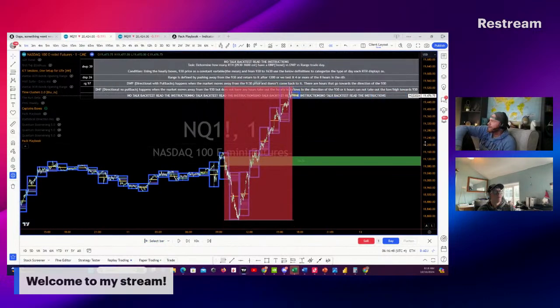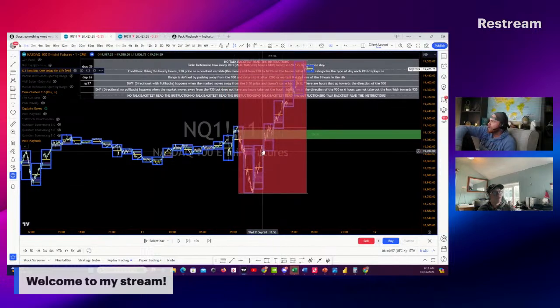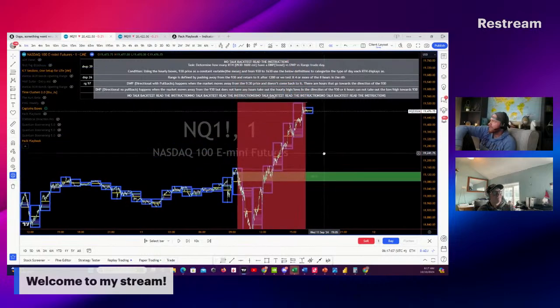All right, so we moved away from the 930. We reversed around 11, but then we spent 1 hour getting above previous hour mid, taking out previous hour high. Can't get below previous hour mid. Can't take out the low. So 1, 2, 3, 4, 5, 6 hours stair stepping up. Yeah, this is a DNP.